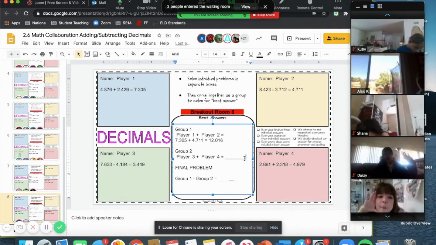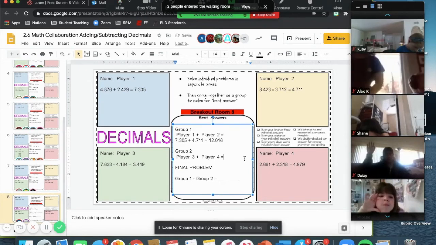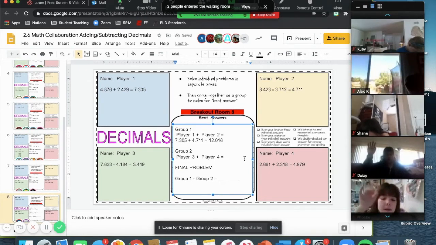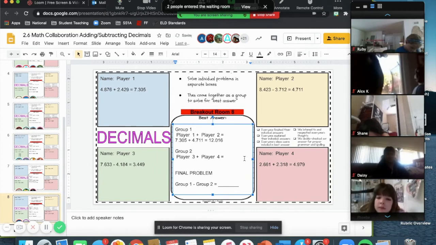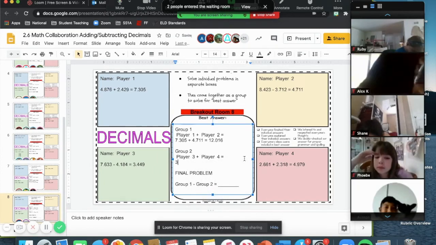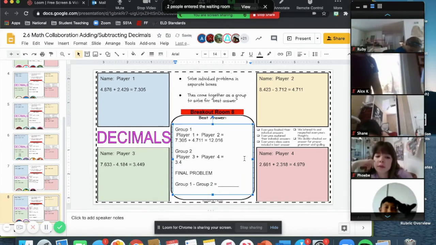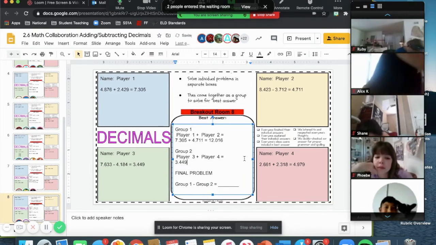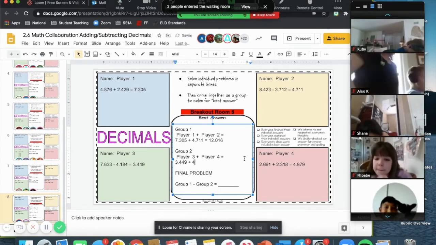Who wants to give me group 2's equation? Daisy J, what's group 2's equation? It would be 3.449 plus 4.979.